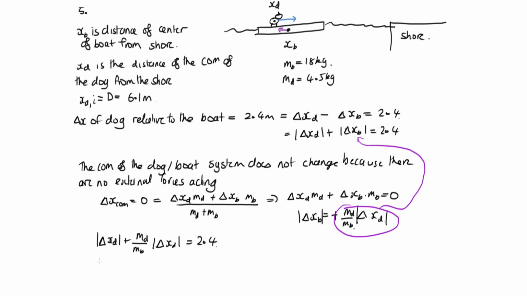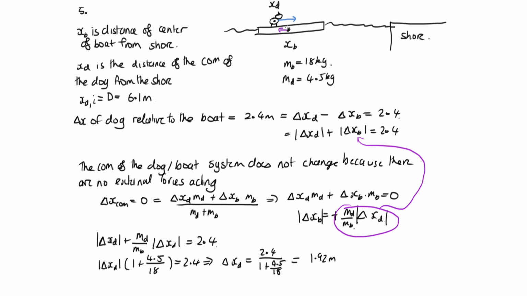Taking the change in displacement of the dog out as a common factor, I've got 1 plus the mass of the dog, a 2.5 kilogram dog, divided by the mass of the boat, an 18 kilogram boat, is equal to 2.4, which tells me that the change in displacement of the dog is equal to 2.4 over 1 plus 4.5 over 18. And solving that, I get 1.92 meters.